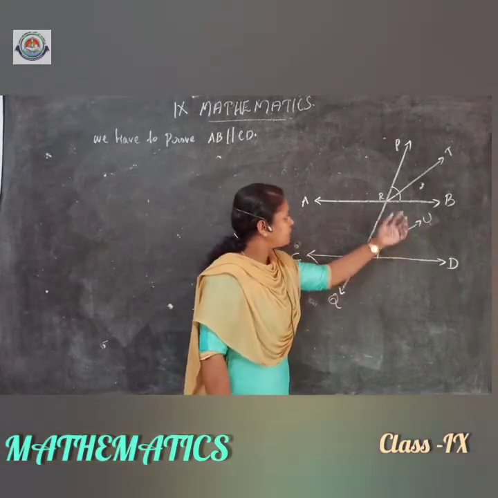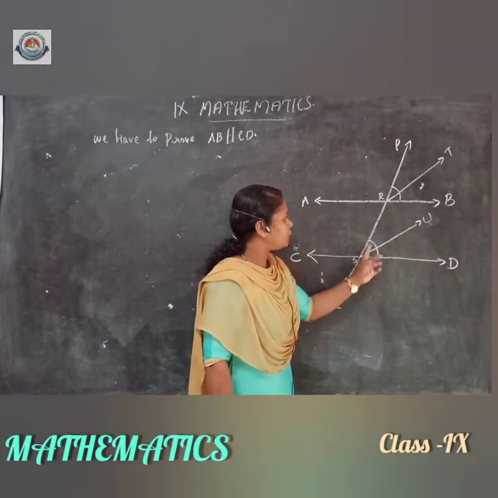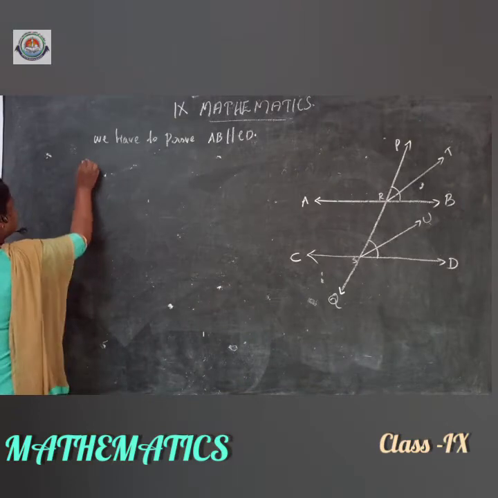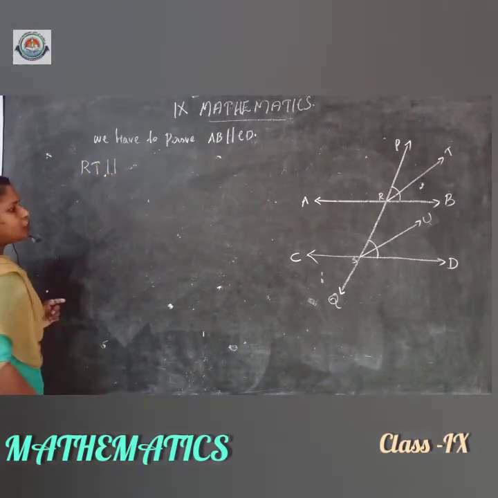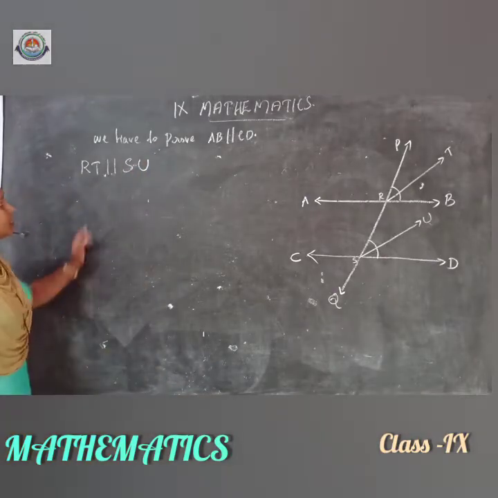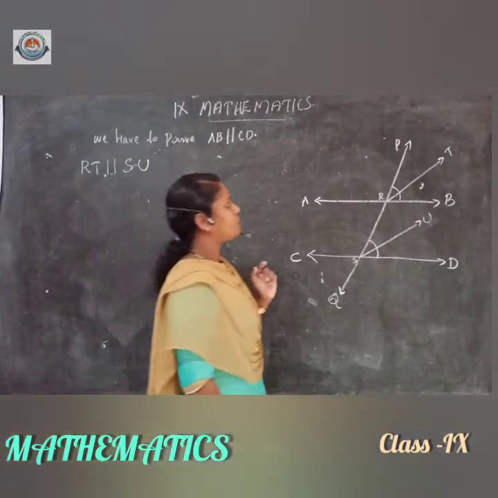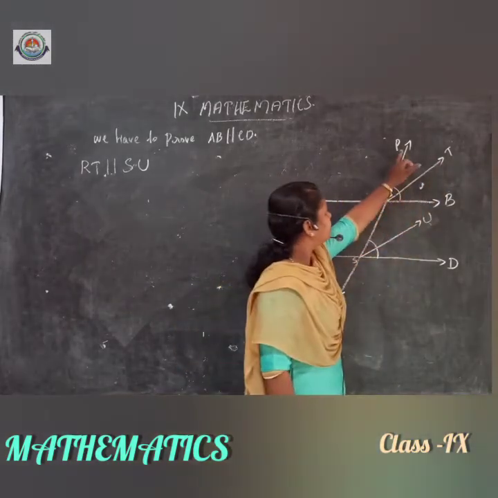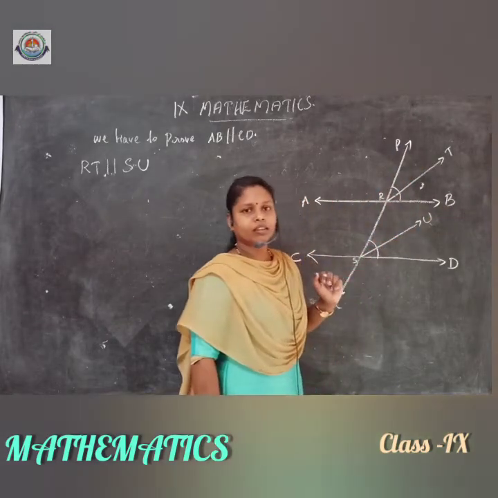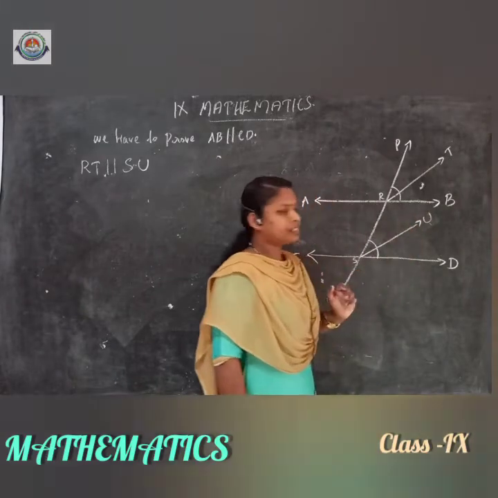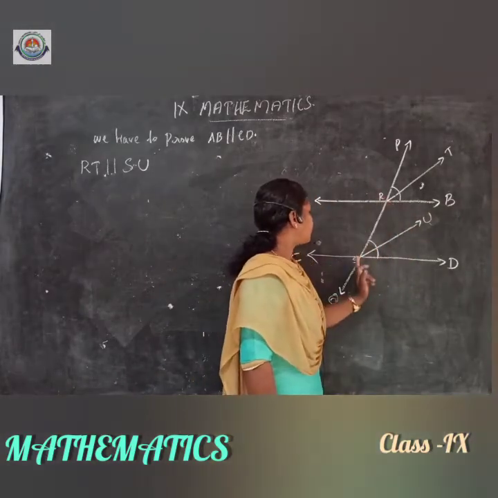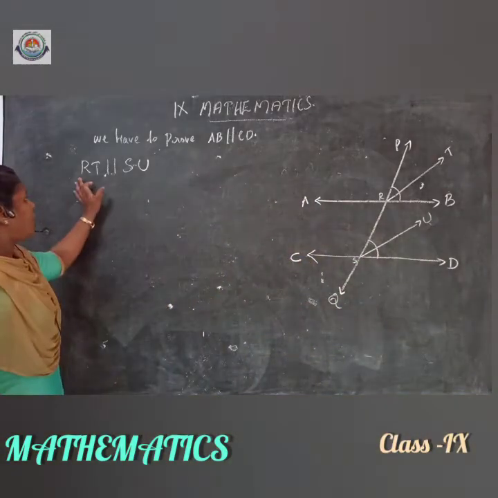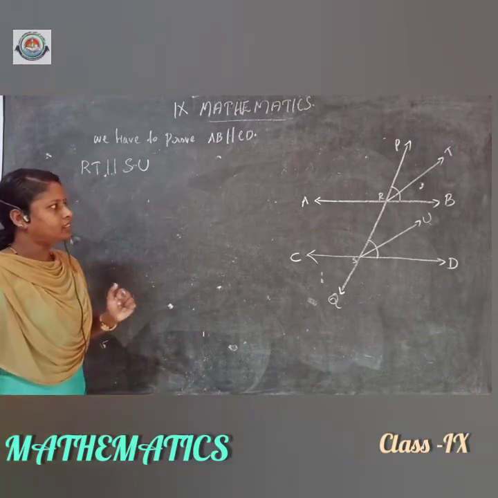Here RT is parallel to SU. It is given. RT is the bisector of a corresponding angle, that is, RT is the bisector of angle PRB, and SU is the bisector of angle RSD. RT is parallel to SU.